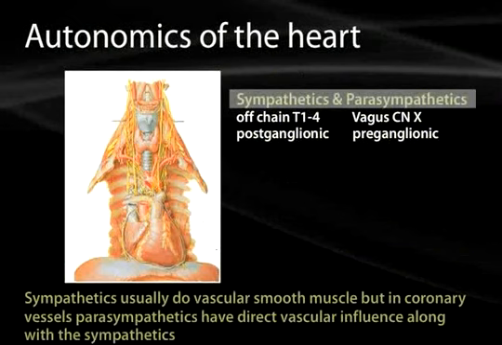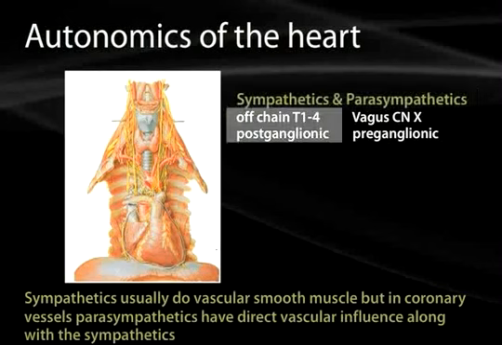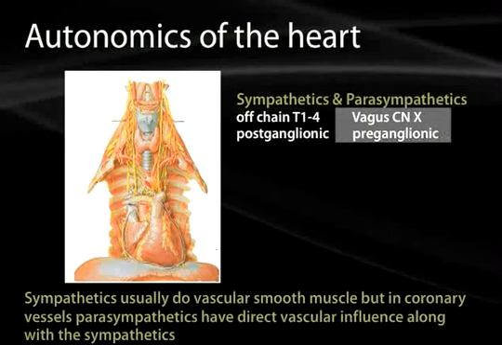So let's review a little bit about the autonomics of the heart. We know that there's sympathetic and parasympathetic inputs. The sympathetics will come off of the sympathetic chain from T1 to T4, and they'll tend to be postganglionic. The parasympathetics will come from the vagus nerve and will tend to be preganglionic.